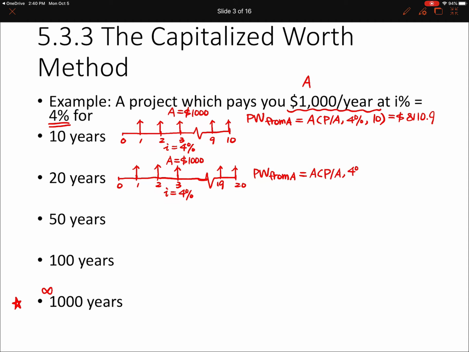So for this case, the PW from these annuities is still A times P/A, 4%, but now the number of years is 20. And the final result is 13,590.3.